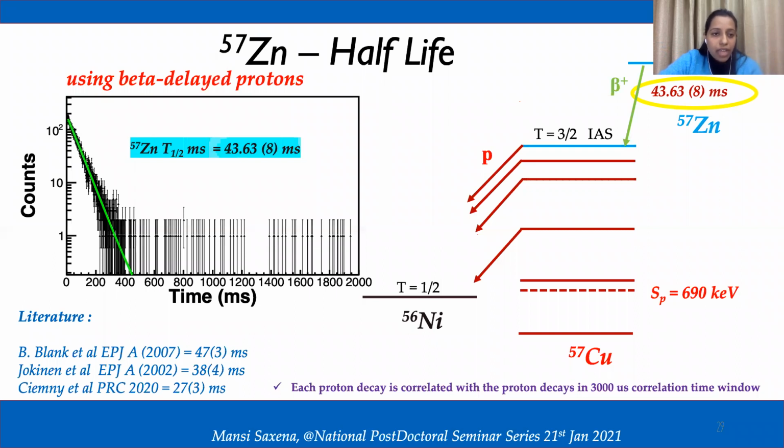This is the value of half-life which we have obtained, 43.63 plus minus 0.8. It's in very good agreement with this previous published value, though in slight tension with this recently published value. But of course, our result is much more precise.